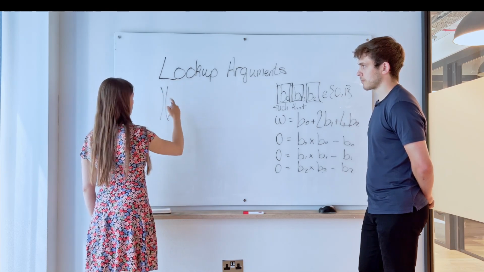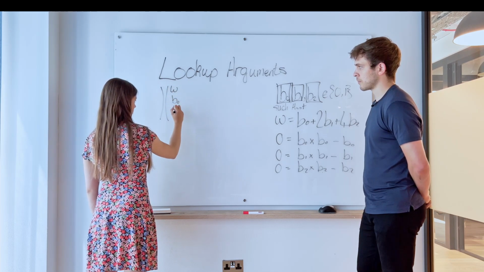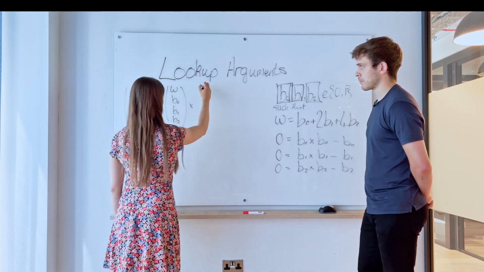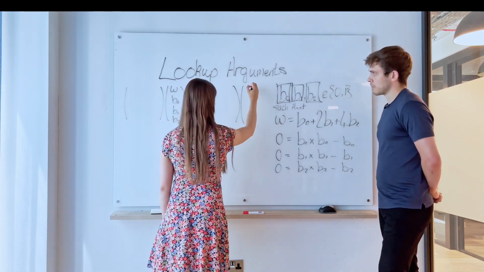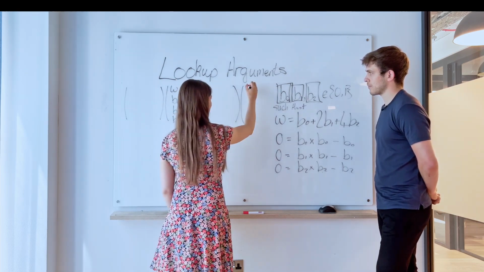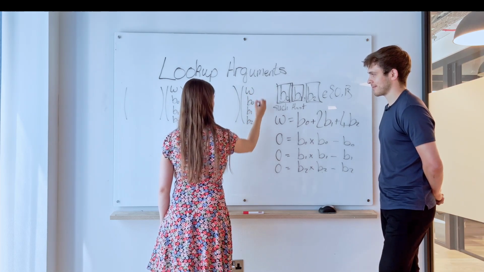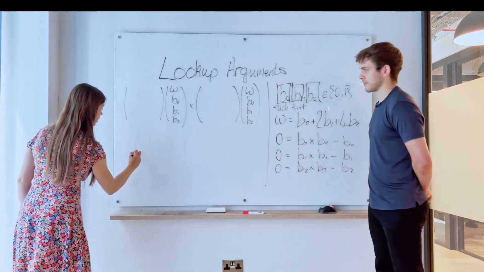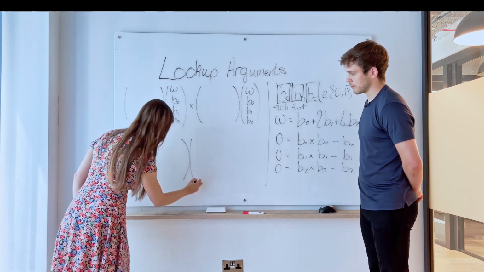One matrix multiplied by your witness vector, times another matrix multiplied by your same witness vector, minus a third matrix times your witness vector.